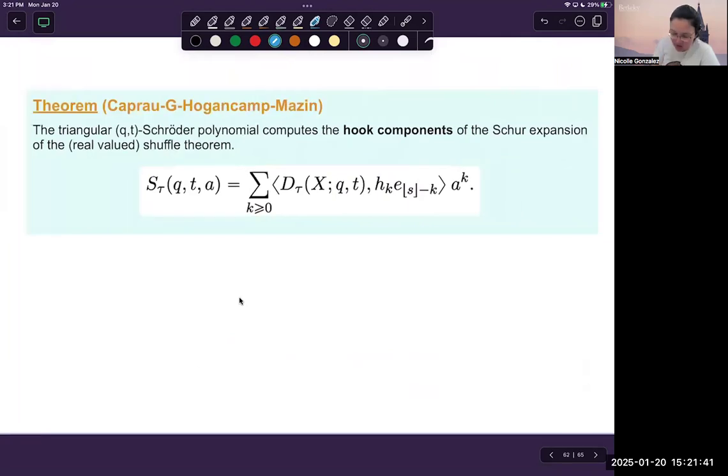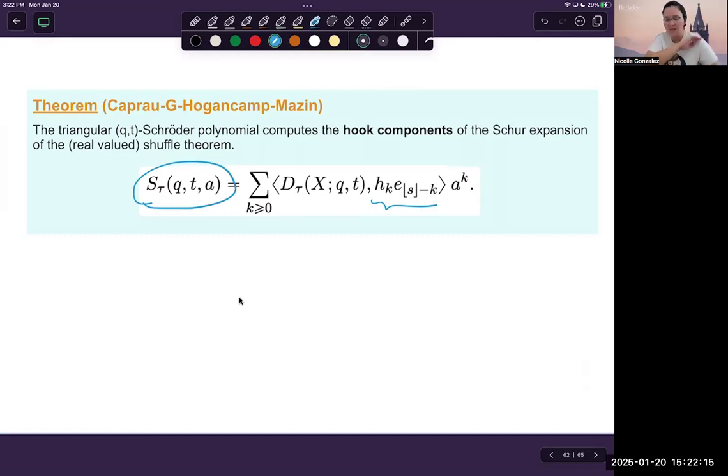Another thing that we proved is that when you look at this symmetric function that shows up in the shuffle theorem, this D tau, and you look at the hook components of this function that you get when you pair with Schur polynomials, what you get is exactly this function that we defined totally separately.